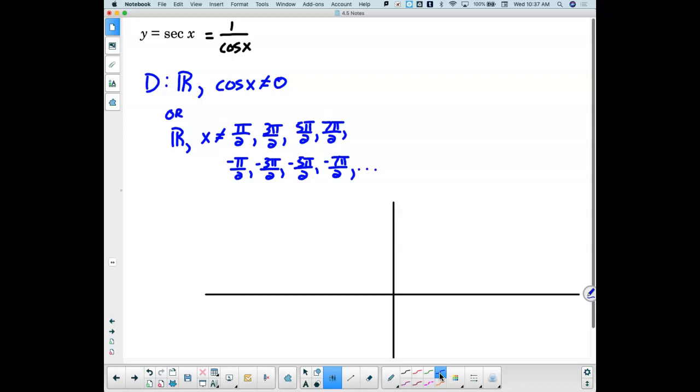And so on and so forth. Yes? Okay. Again, what does that mean? What kind of asymptotes? Vertical ones. Yep, good job. Okay. So we have vertical asymptotes at all of those.